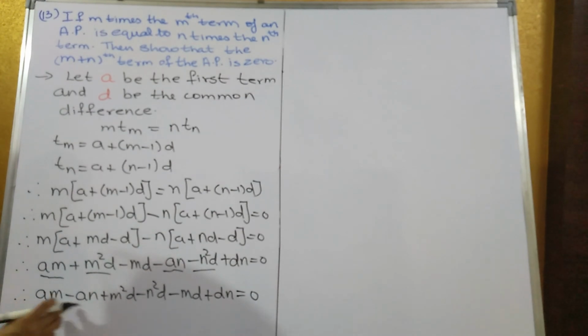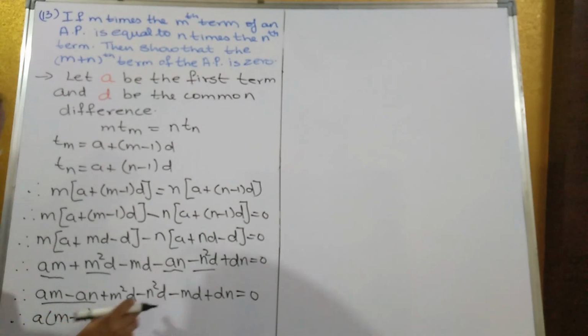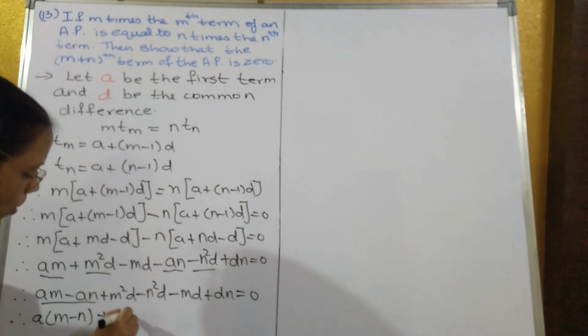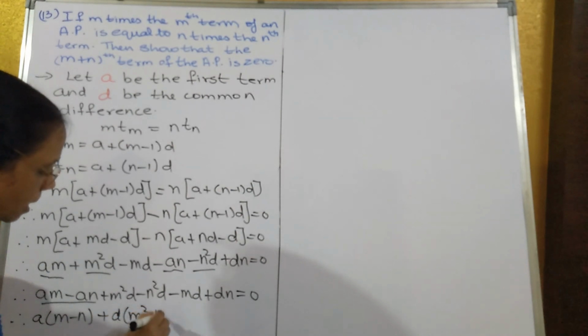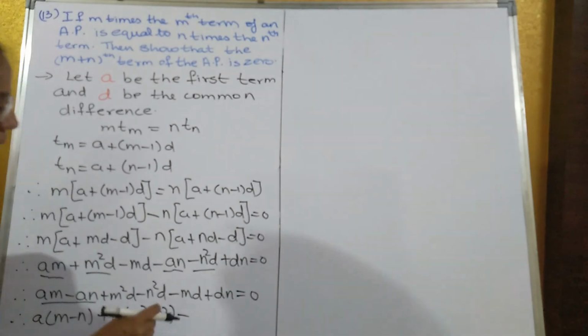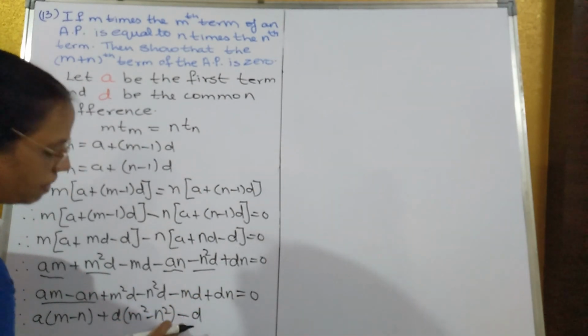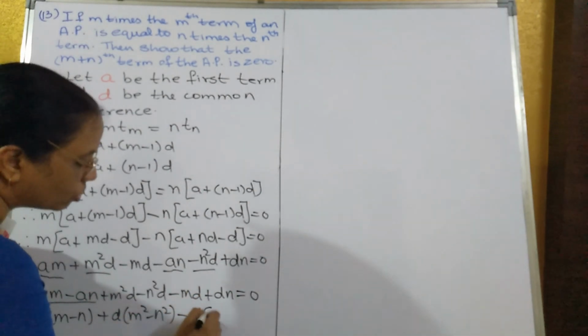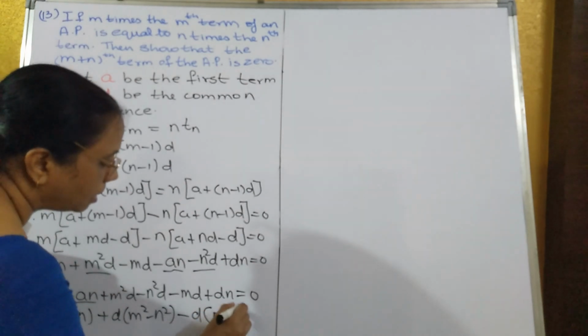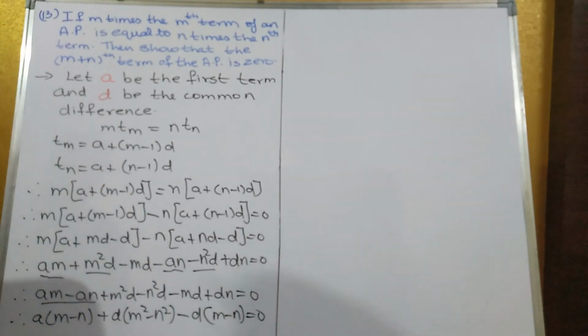Therefore a is common over here. What is common in this? A into (m − n), plus over here d is common, d into (m square minus n square), minus here also d is common since we have taken minus outside, so this will become (m − n) is equal to 0. Now break this up, m square minus n square will become what? (m + n)(m − n).